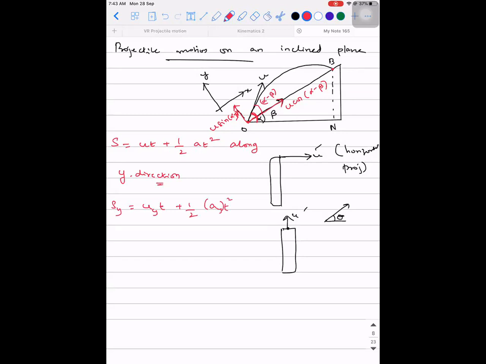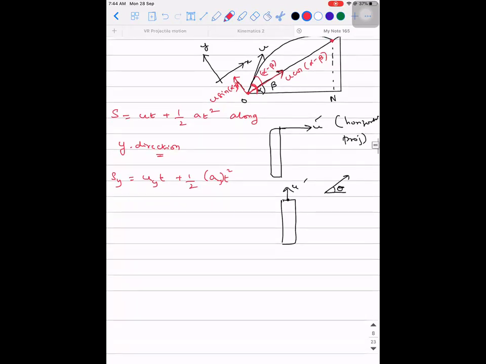Accepted? So what is the displacement of the particle along y direction between the points O and B? Zero.